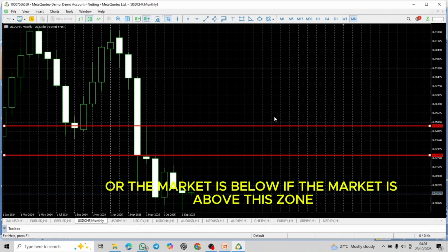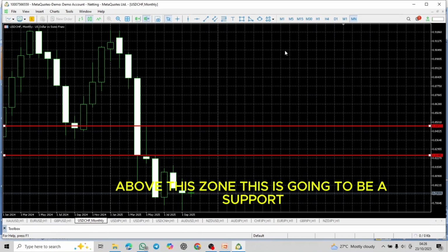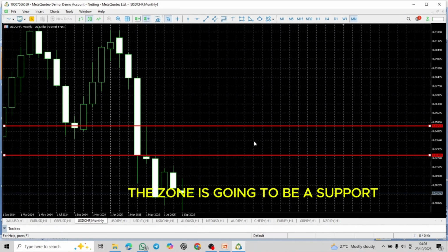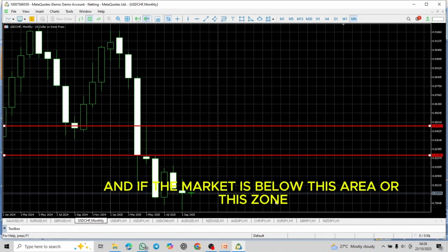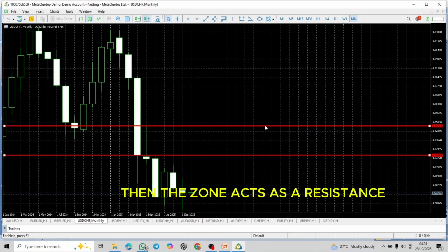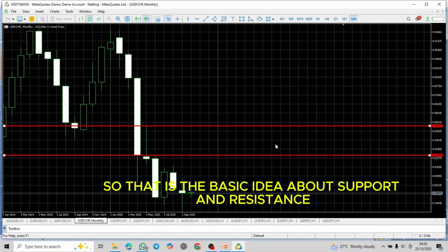If the market is above this zone, the zone is going to be a support. And if the market is below this zone, then the zone acts as a resistance. So that is the basic idea about support and resistance.